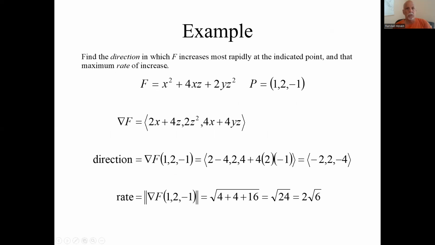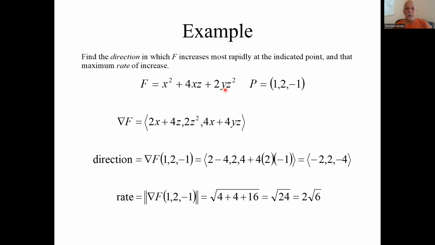Find the direction in which this given function increases most rapidly at the indicated point, and find the rate. Direction is a vector. The rate is a scalar. I used to get irritated when students would give me the wrong form and give me a vector for a rate or a scalar for a direction. At least get the form correct.